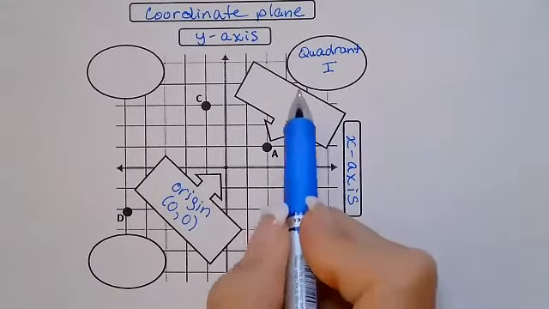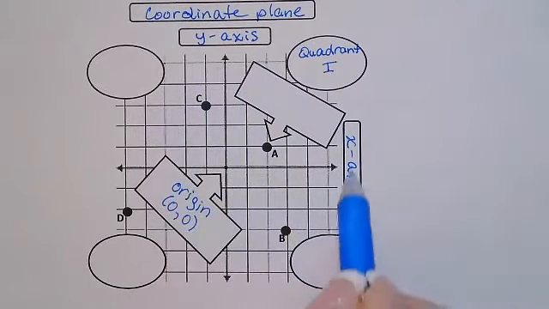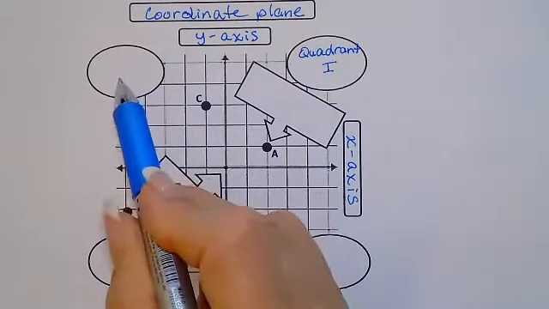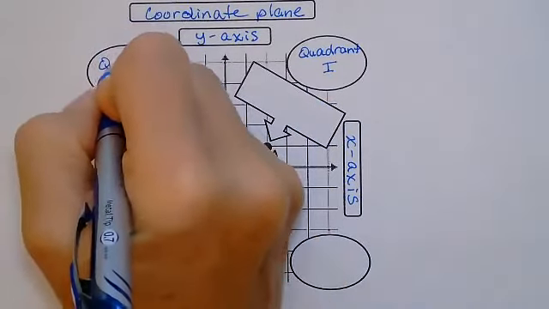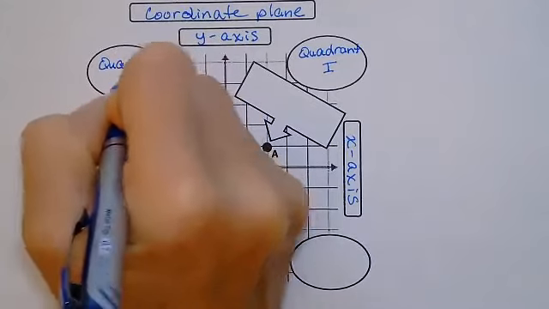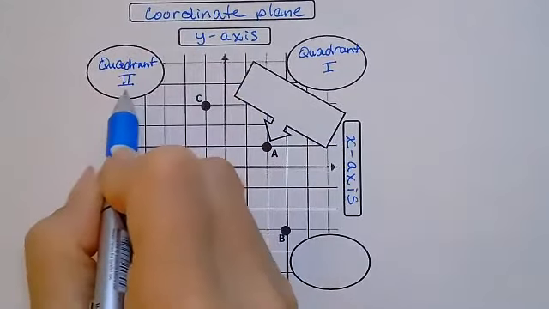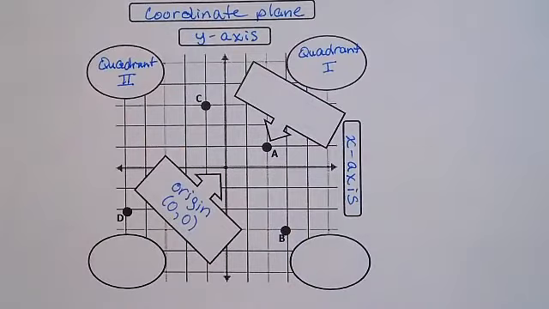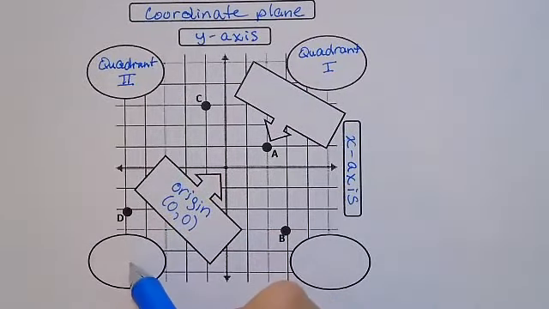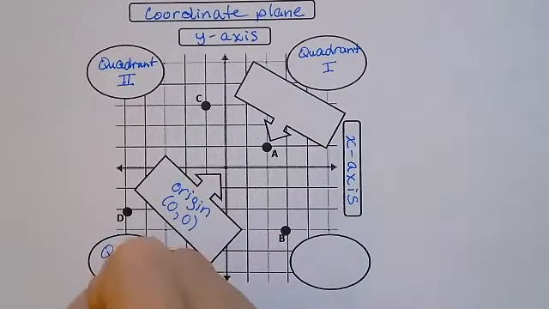Okay, then the quadrants go in counterclockwise order. So from quadrant 1, we're going to go over here to quadrant 2. And again, we use a Roman numeral 2. Continuing in our counterclockwise, we're going to go to quadrant 3.